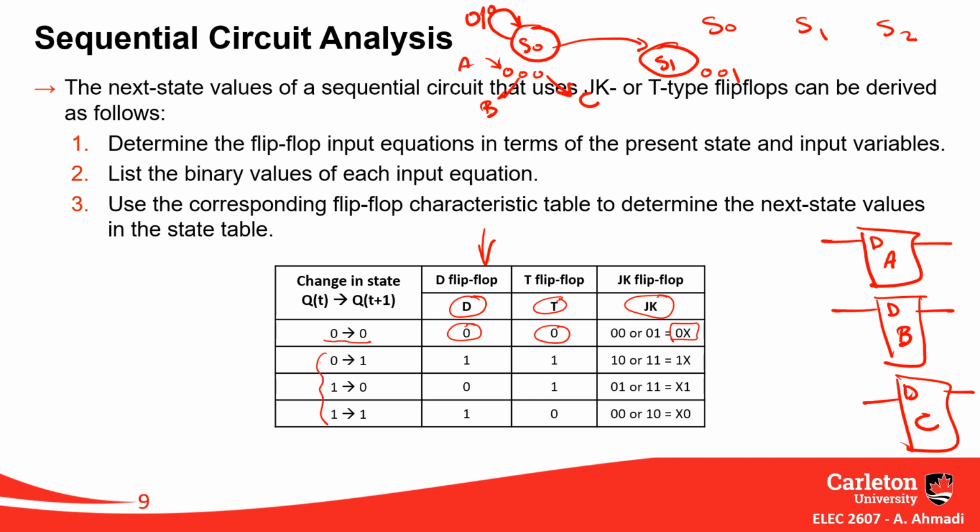Now my problem is, if A is equal to 0, B is equal to 0, C is equal to 0, the 3 flip-flops are keeping the value 0, 0, 0. It means I'm at state 0.